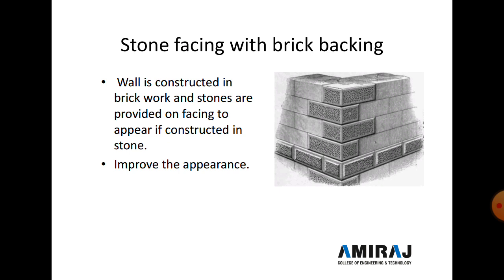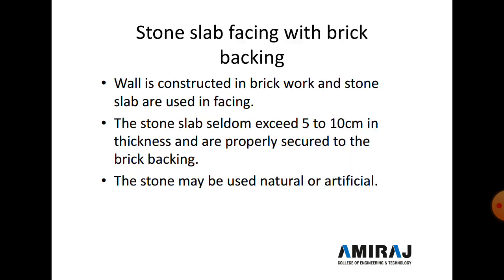The two walls are joined, and a cavity is provided between them, meaning a gap is provided between the two walls, or sometimes no gap is provided. So it is called stone facing with brick backing. Now the second type of composite masonry is stone slab facing with brick backing.